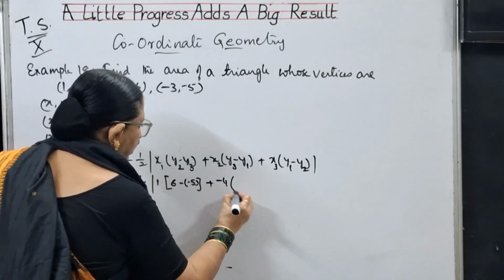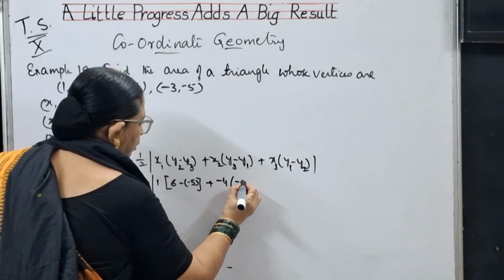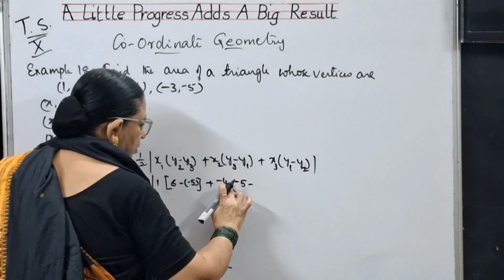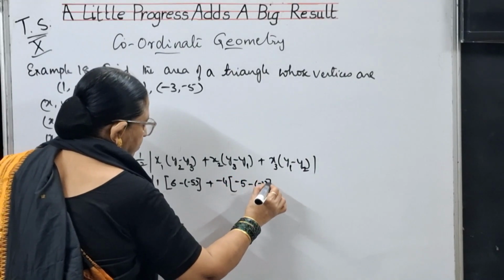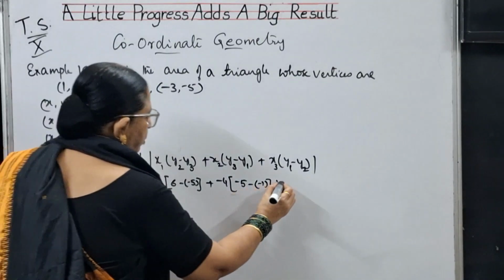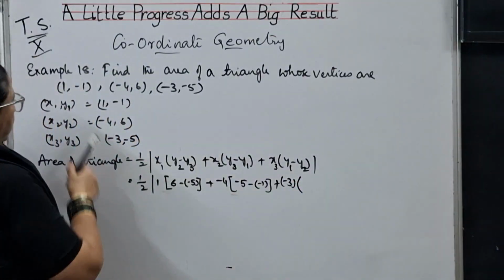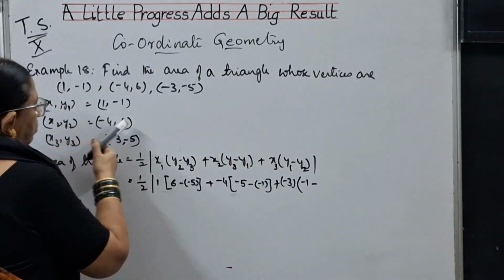Minus 4 into y3. y3 is minus 5 minus y1. y1 is minus 1 again. You have got two brackets. So minus 1, plus x3. What is x3? Minus 3 into y1. y1 is minus 1, minus y2, which is 6.